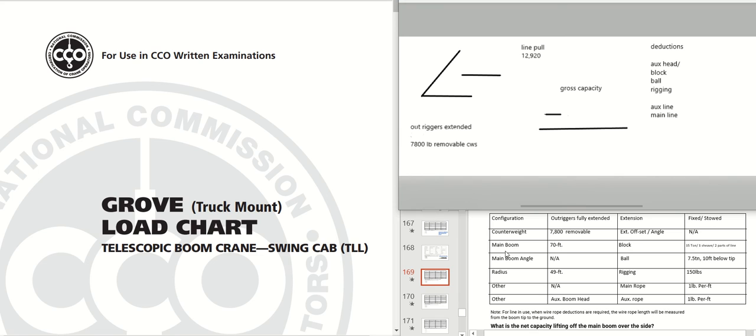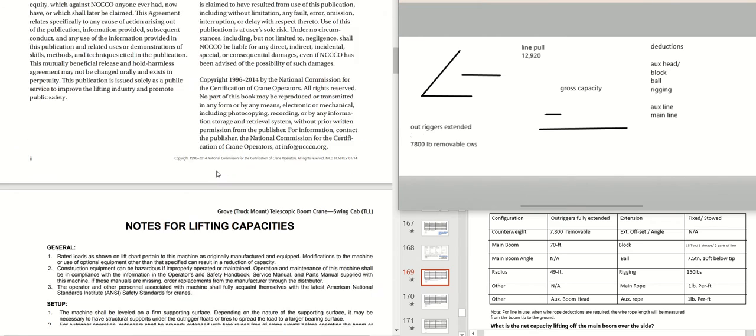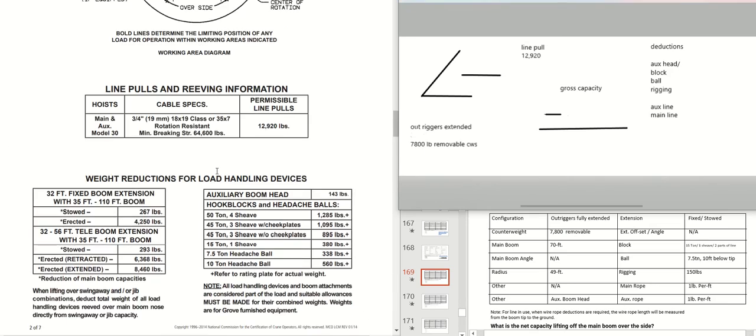So our first thing, like we normally do, we go down here to our deductions diagram. The first thing we're going to look for, we got our outriggers fully extended, 7,800 pound removable counterweight. Those things never change. It also says what is net capacity lifting over the side with the main boom. That tells us that is going to be our 360-degree chart. So we're going to go down here to 16.